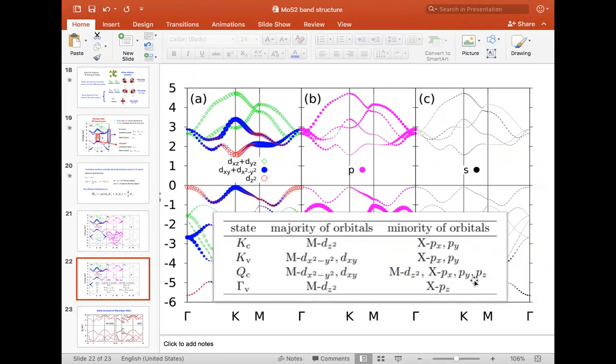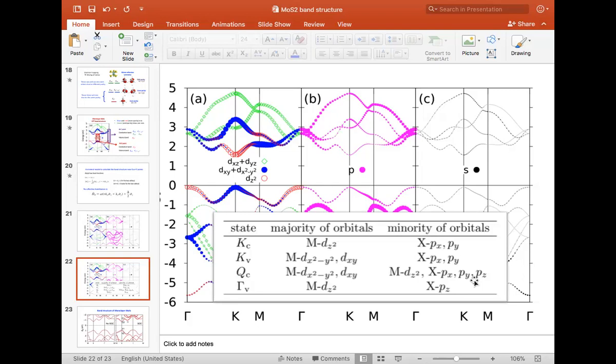So for the gamma valley, this K is equal to 0.